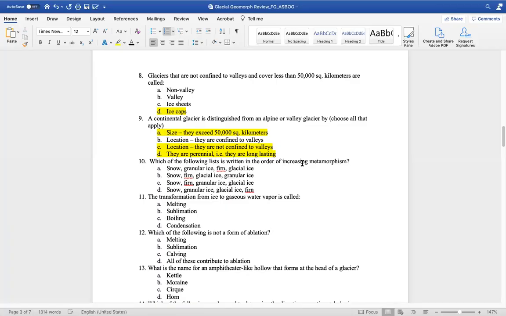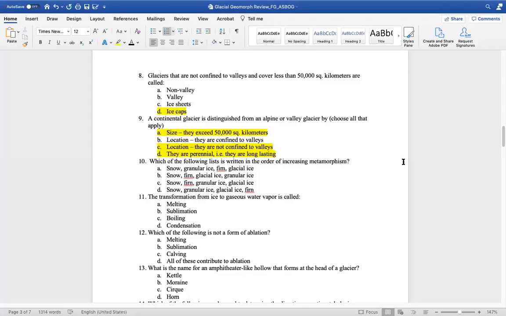And so, for those of you who maybe think more quantitatively, new snow is going to have a pretty low density.